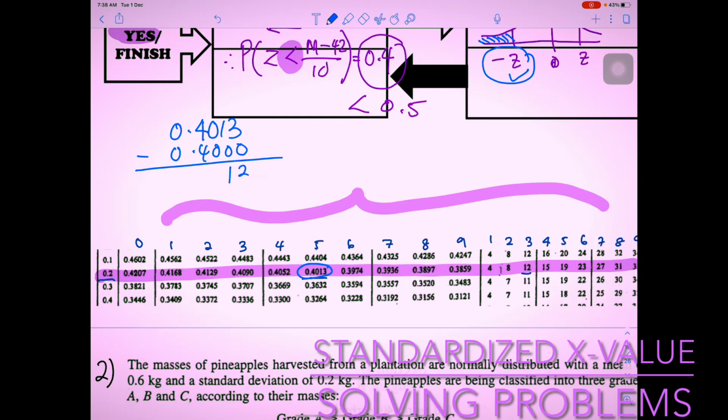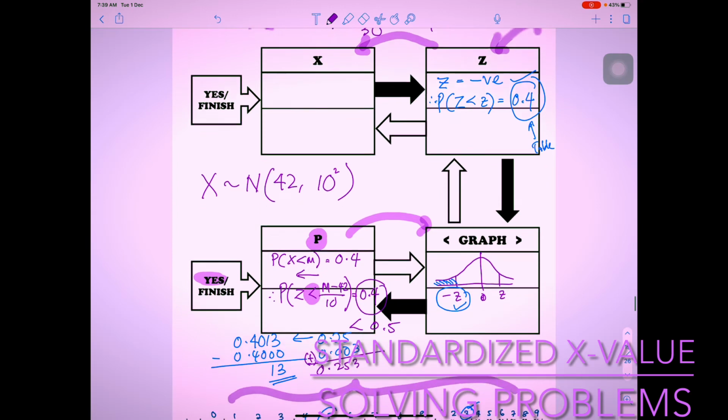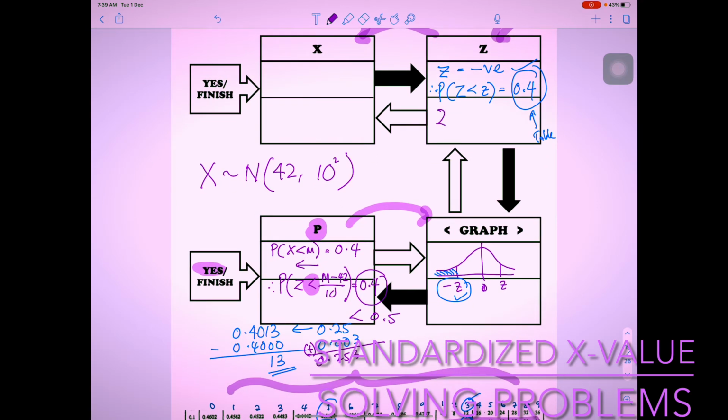So what do we get? 13. Look here, 13 is nearly 12. So 0.4013 corresponds to 0.25 and 13 corresponds to 0.003, so you add them to get 0.253. So the answer is Z equals negative 0.253 from the table.